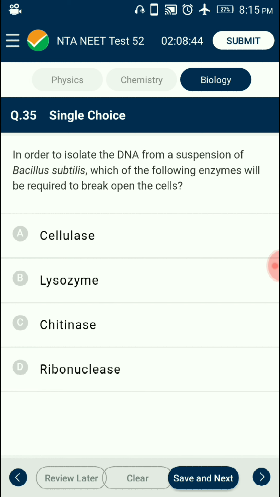This can be achieved by treating the bacterial cell or plant or animal tissue with enzymes such as lysozyme, a bacterial enzyme; cellulase, isolated from plant cells; and chitinase, used to digest the cell wall of fungus. So the answer for this question is option B, lysozyme.